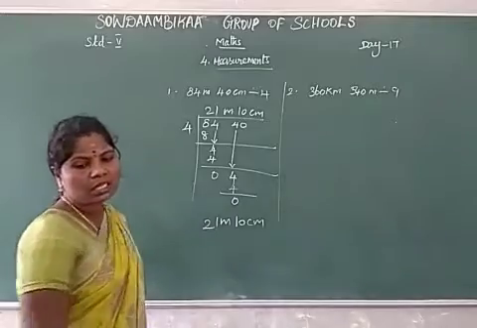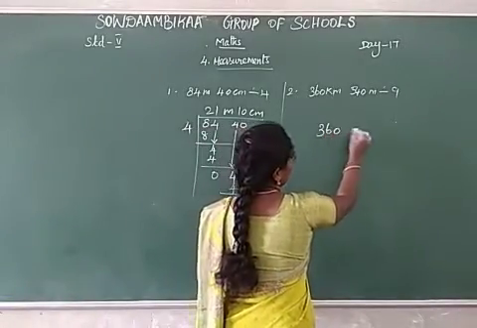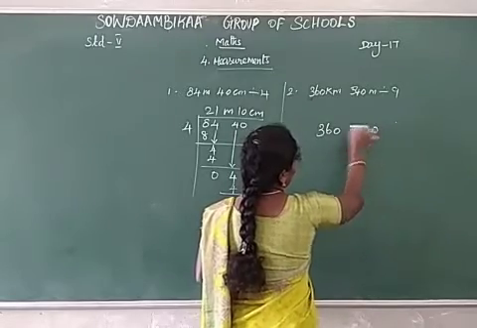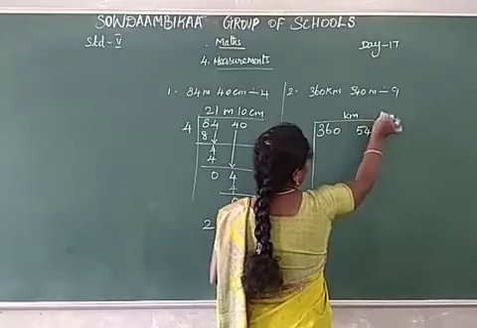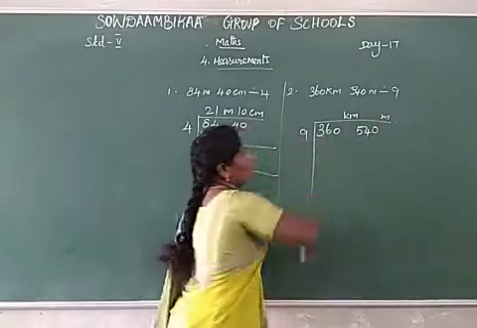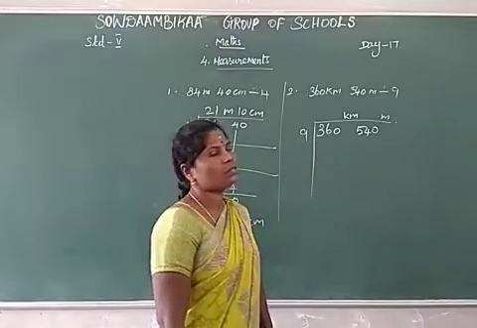Next is the second sum: 360 kilometer 540 meter divided by 9. Say the ninth table. How many 9s are 36?